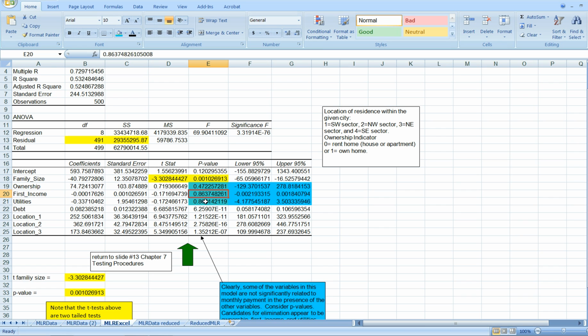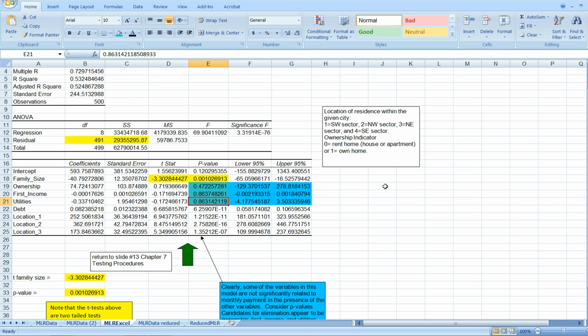Similarly, the p-values associated with testing whether the regression coefficients associated with first income and utilities are both humongous. They're very large. And so in this particular case, for each of those 3 variables that you see with these large p-values, we would be unable to reject the null hypothesis.